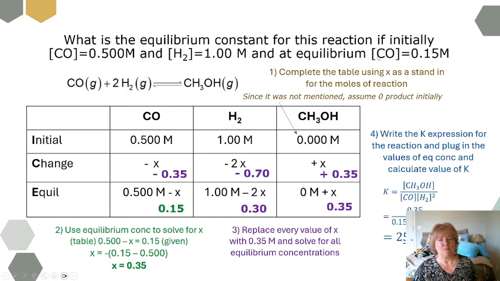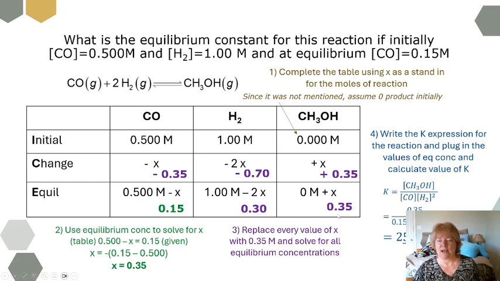However, now I go back and I say, it told me that the carbon monoxide concentration at equilibrium is 0.15. So I can take 0.5 minus X equals 0.15 and solve for X. Turns out X, the number of moles of reaction, is 0.35. Now I go back and put in my change. That means this is negative 0.35, this is double that, negative 0.7, and this is increasing 0.35.